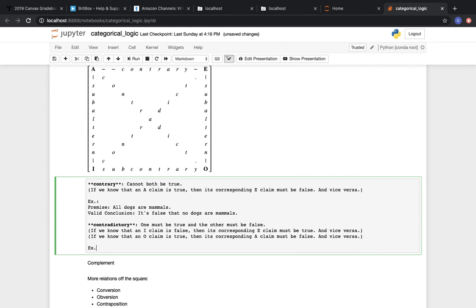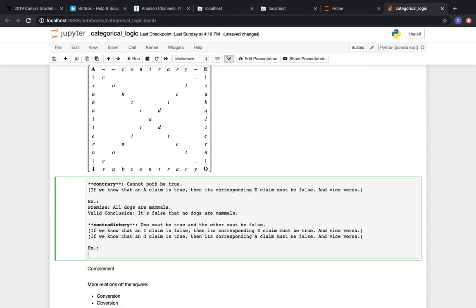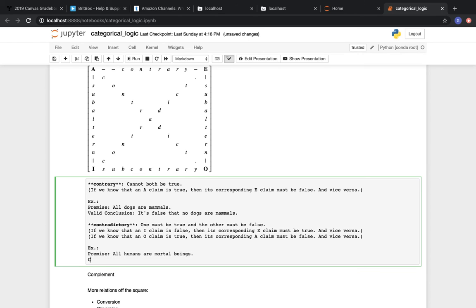So for example, if I want an example of using this rule of contradiction to produce a valid conclusion, if my premise is something like, oh, I don't know, all humans are mortal beings, then as a conclusion, using the rule of contradiction that I just outlined, emphasize that this is a validly drawn conclusion, right?